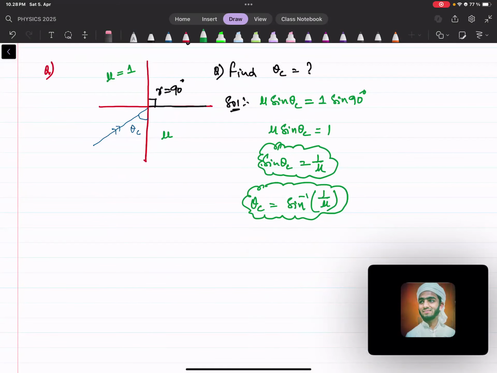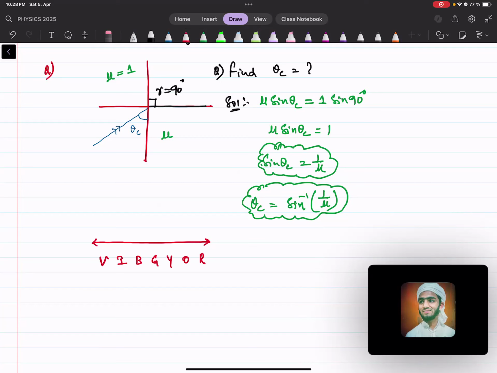Now tell me, in the colors, if I take the colors right now for this one, that is nothing but your VIBGYOR: violet, indigo, blue, green, yellow, orange, and red.